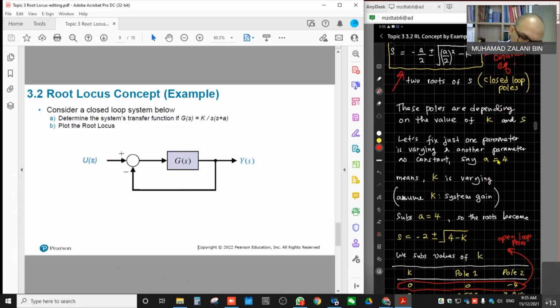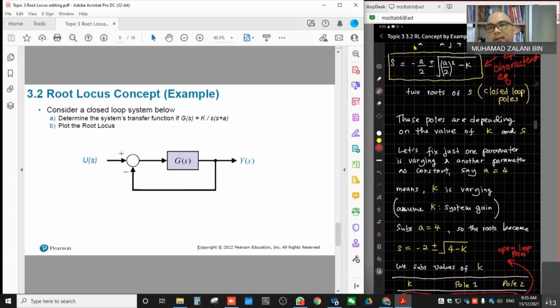So we have two closed loop poles: negative a over 2 plus square root of (a over 2) squared minus k, and another one is negative a over 2 minus square root of (a over 2) squared minus k.